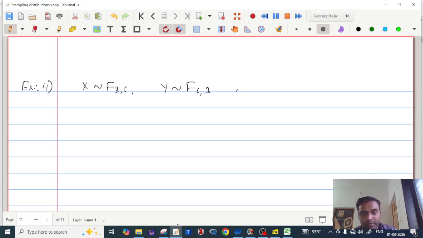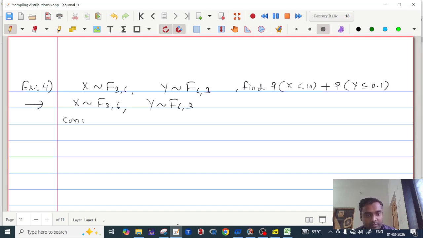Find probability of X less than 10 plus probability of Y. What is given here? X follows F 3, 6. Y follows F 6, 3.